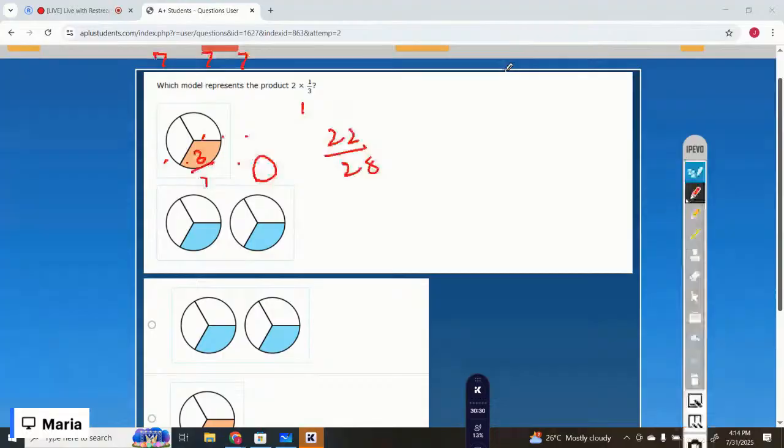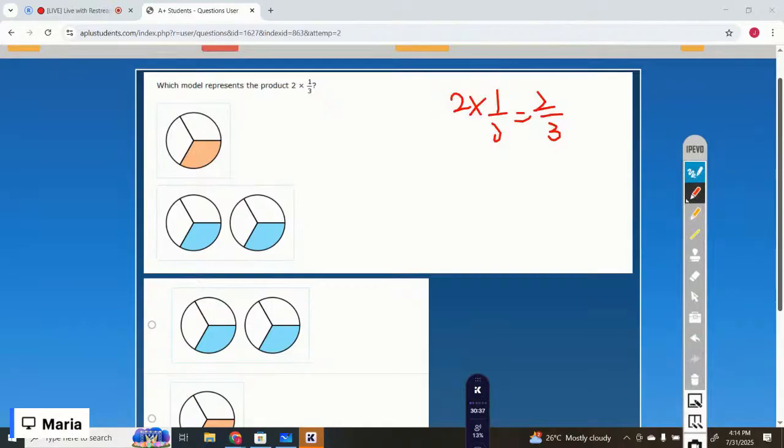So 2 times 1 by 3 is 2 over 3. The first one represents 1 out of 3 and the first one is 1 by 3 plus 1 by 3 that equals 2 over 3.